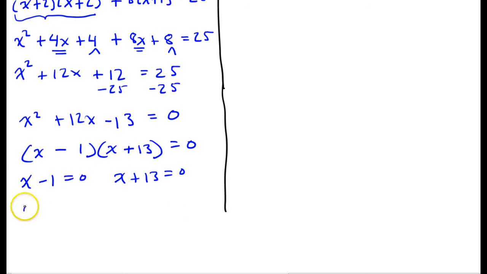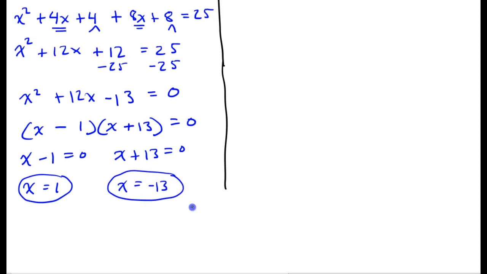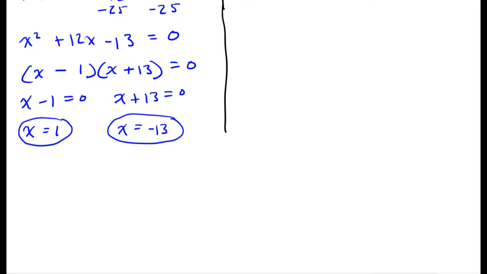All right, so this means x is equal to 1. Subtracting 13 from both sides, x is equal to negative 13. All right, I am halfway to my solution. As I build my solution set, I recognize that these are both x values.